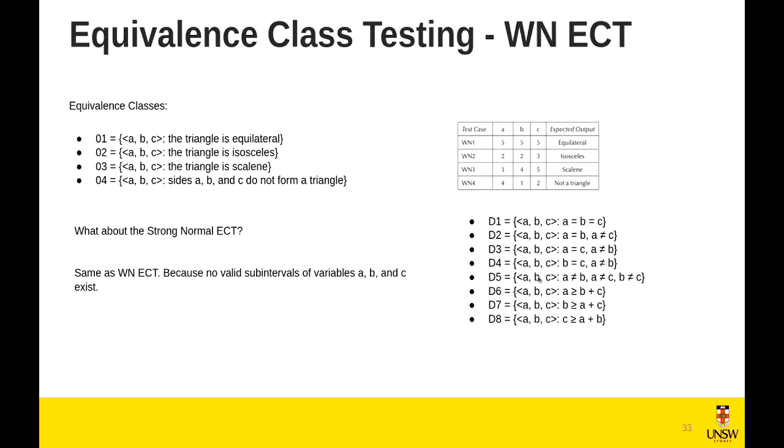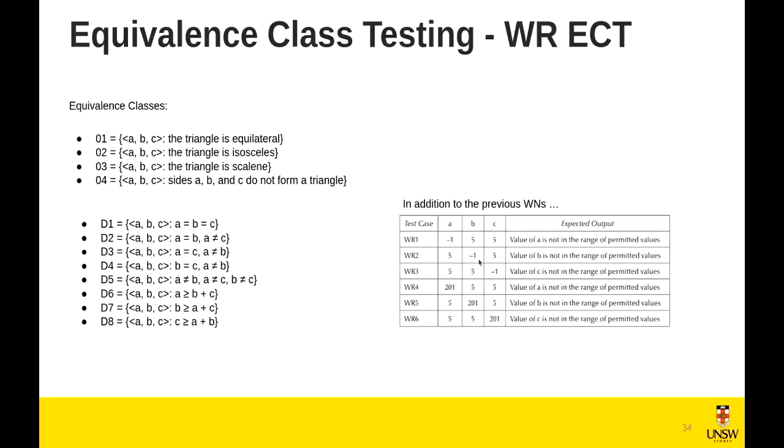D5, assuming it is still a triangle, is captured by the third one. And D6 to D8 are all covered by the test case WN4. So as you can see, this design is quite complete. It could cover all the real world scenarios we could encounter.